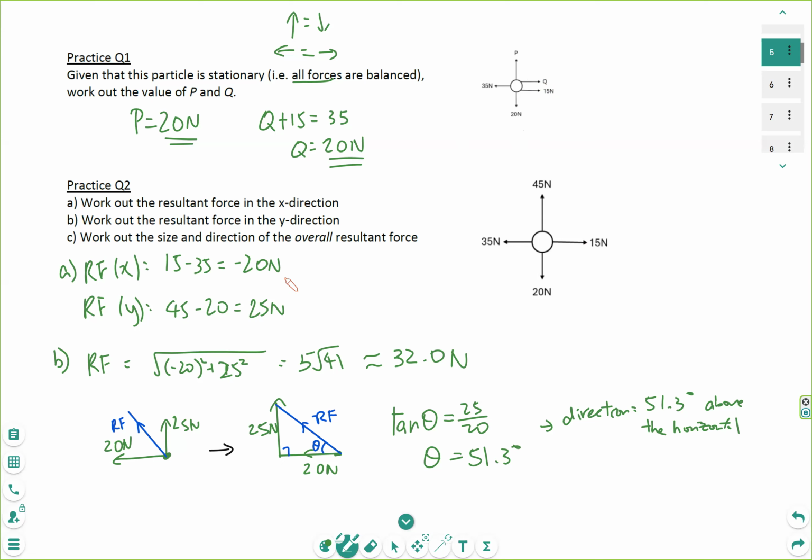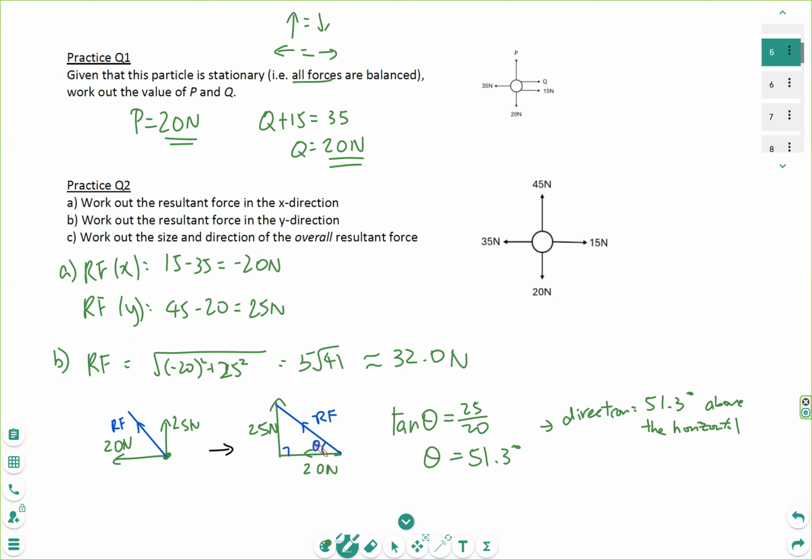To work out the size of the overall, the size is the Pythagoras: minus 20 squared plus 25 squared, you get 32. To find the direction, you can draw these little force arrows. Now, the resultant force in X is 20 pointing to the left and 25 pointing upwards. So you can guess the final resultant force will be pointing somewhere in the middle direction. If you move the 25 Newton line to the left hand side to form a right angle triangle, you will see 20, 25 in here, and we usually work out the angle between the x-axis, between the horizontal.